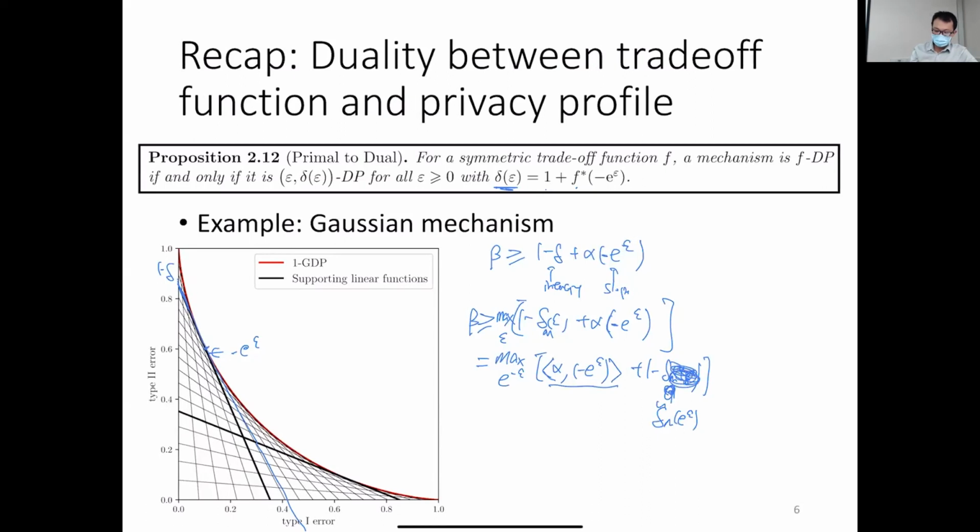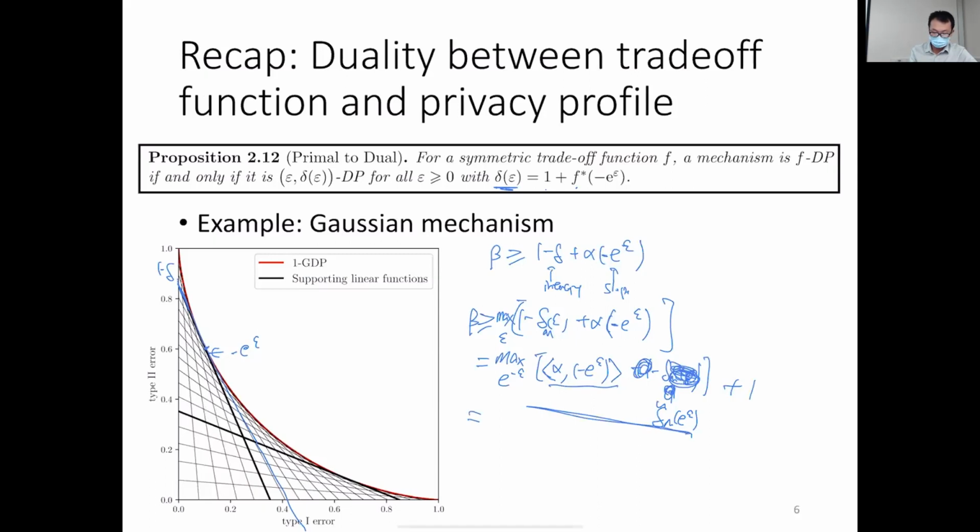For those who are familiar with convex analysis, you can move this plus 1 out, take this one out, and this matches the definition of the convex conjugate, right? So you are getting the pointwise maximum of this particular function with an additional linearization term.